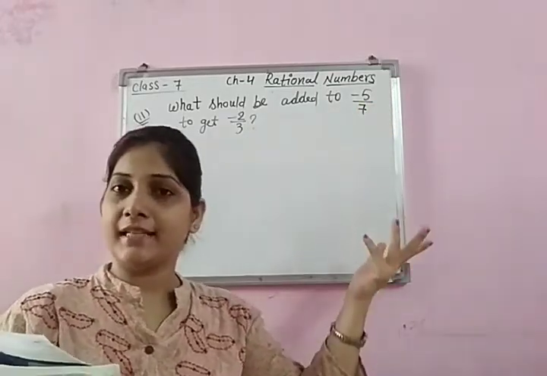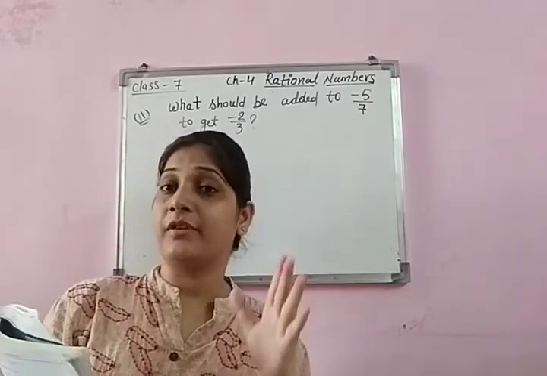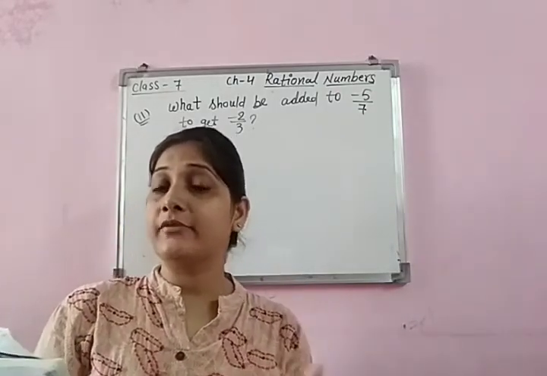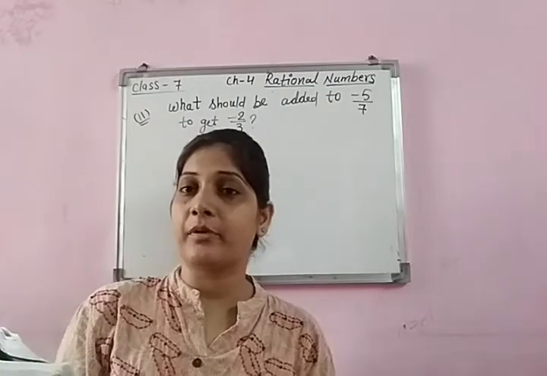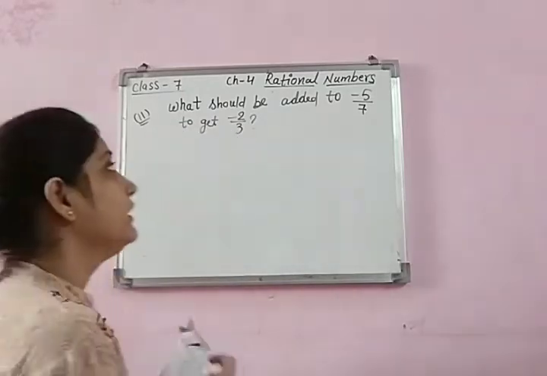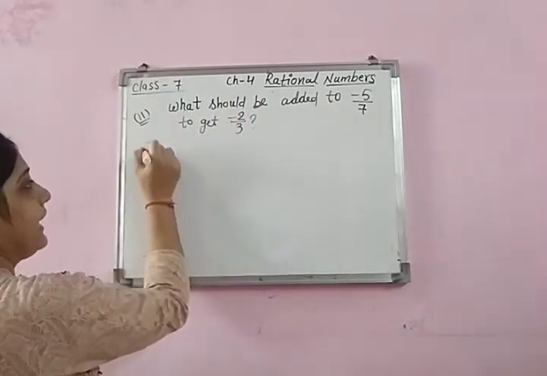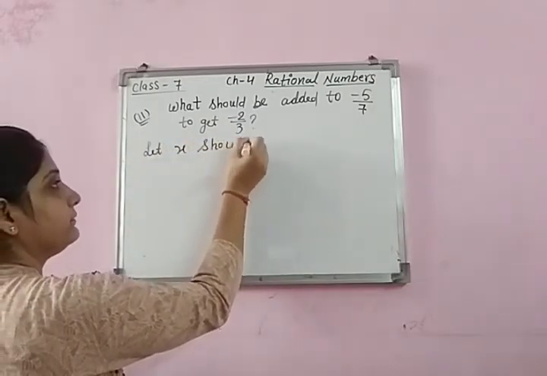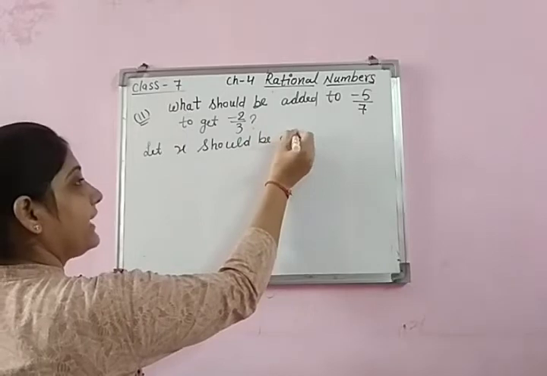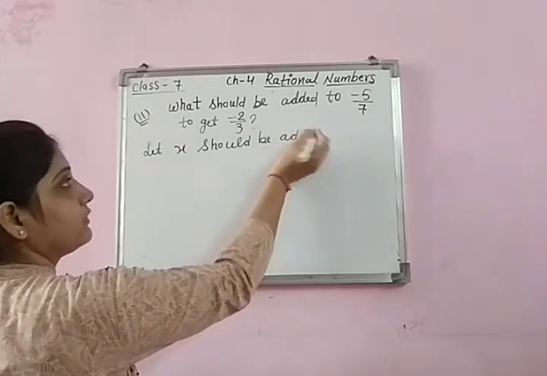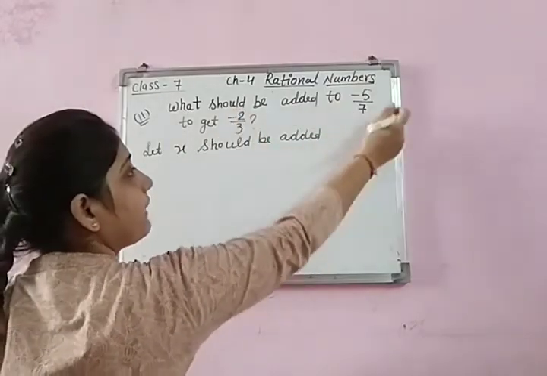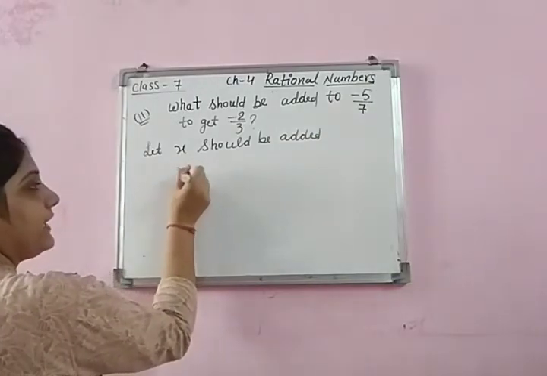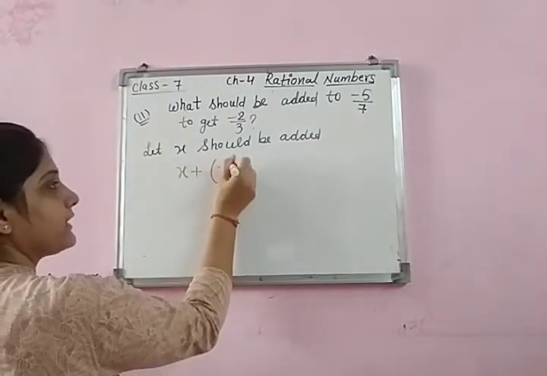So let's add x. Let's frame the equation, because when you are framing the equation, it will be quite easy to see whether we have to perform addition or subtraction. So what should be added? Let x be added. Okay. And x should be added to what? x should be added to minus 5 by 7. So I am adding x to minus 5 by 7.